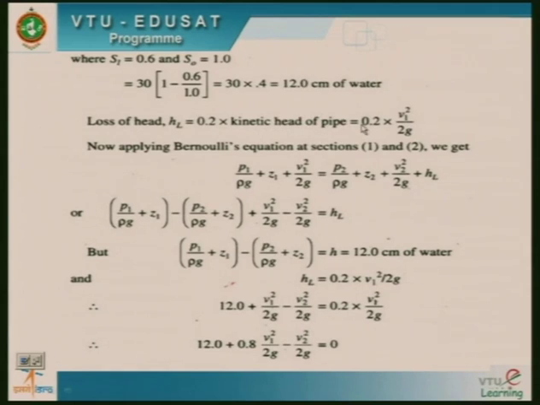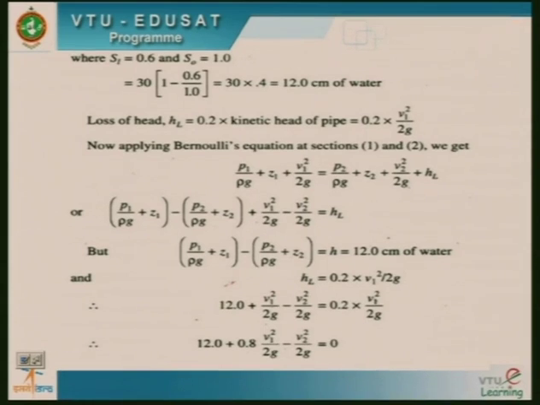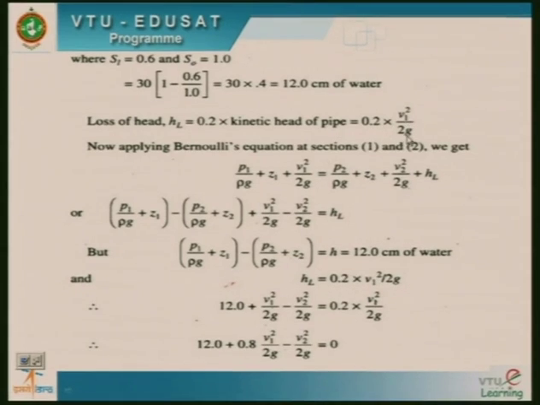Now, in the last class, when I was talking about the construction of Venturi meter, I said the inlet of the Venturi meter is connected to the pipe diameter. That is the reason here, look at this, kinetic head is given by 0.2 into V1 square divided by 2g, the velocity at the inlet section.